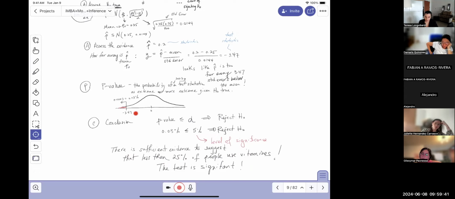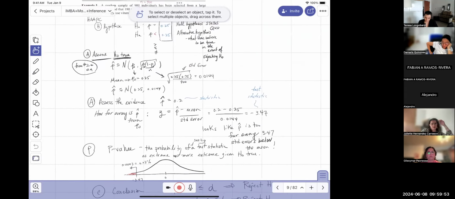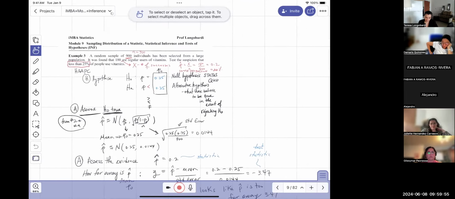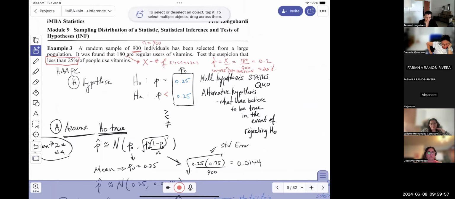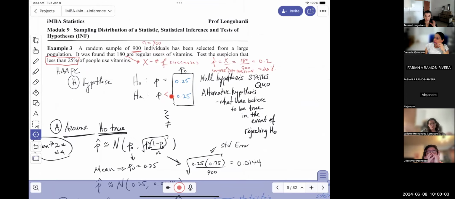Just a couple of things to discuss. How did I know to go here? How did I know to do this? Where do I get the idea that I have to look in this extreme? I never use the alternative at all until that step. This gets used in the p-value step. It tells me which extreme I'm going to look in.